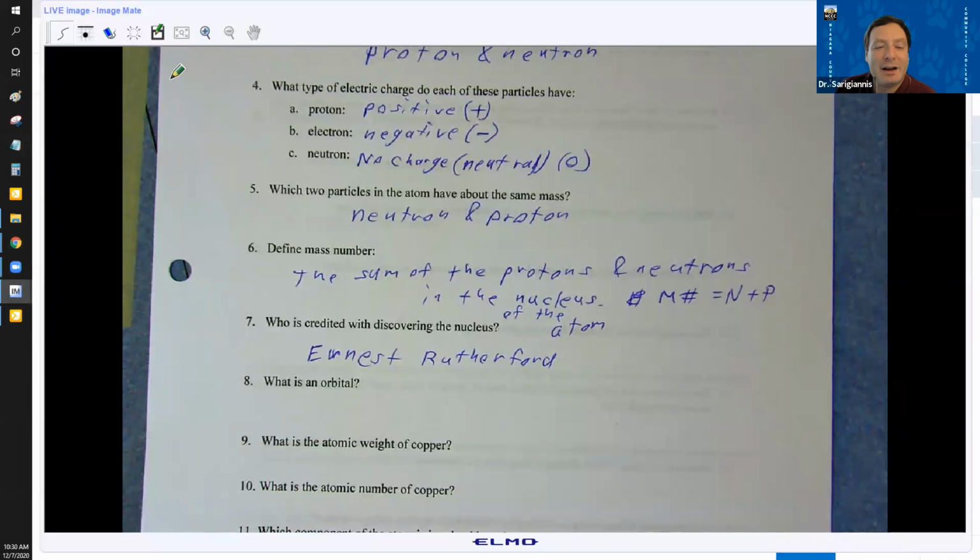Okay. What is an orbital? So an orbital is not just a fixed location in space.